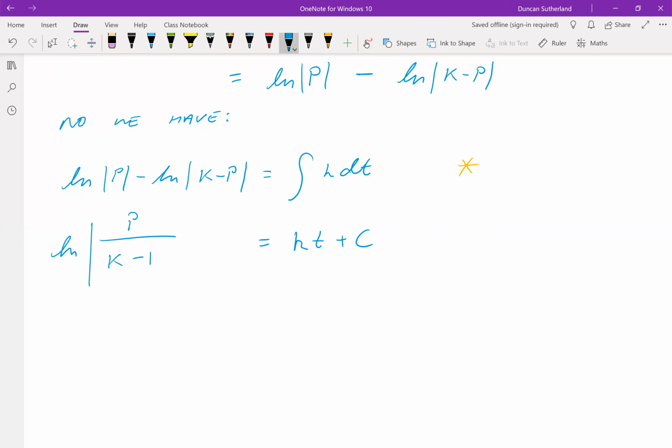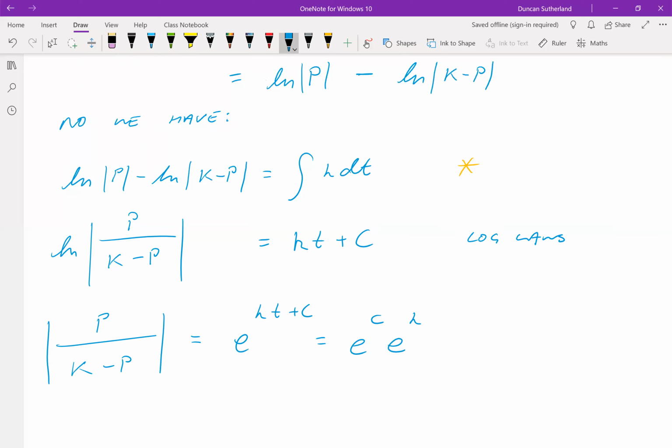So we've got this, and now we can exponentiate both sides. And now we can use our exponential law to separate out that constant of integration.